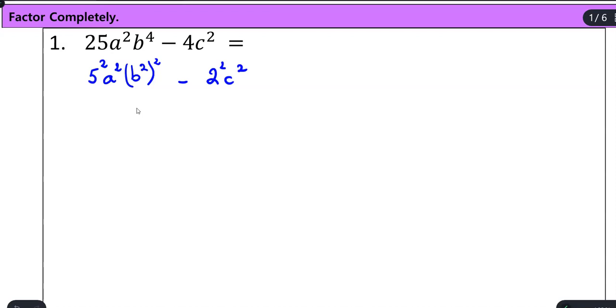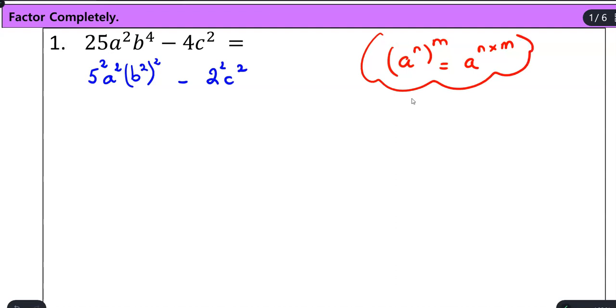There are a few formulas involving exponents that we need to remember. The first formula: if you raise a power to an exponent, you multiply the two exponents. I apply that for b to the exponent 4. The next formula: if you have a raised to exponent n and b raised to exponent n, then you can write the expression as a times b, all raised to the exponent n.